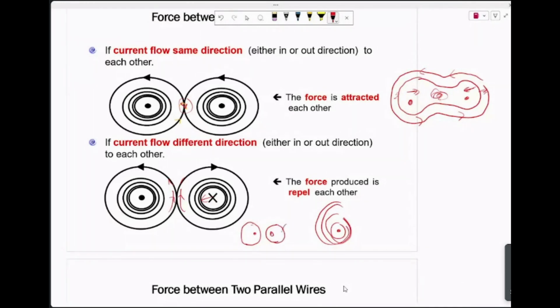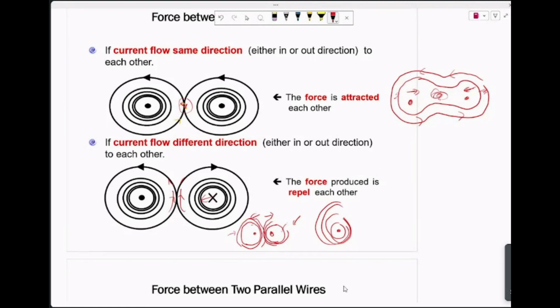Sebelah kanan ni, because there's no other magnetic field line, but in the middle here, because we need to share the close pack area, you will see that there's a very packed line. Compared to the outside, you have less packed line. So it will have more tendency to push away from each other.